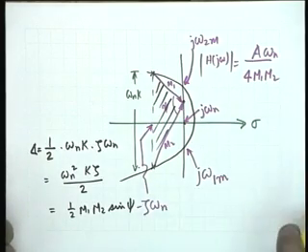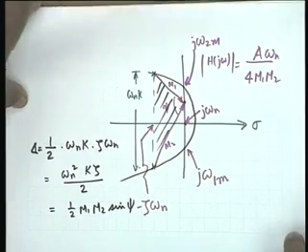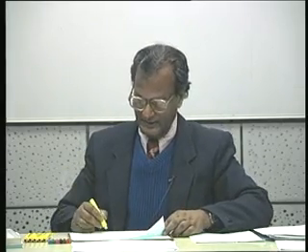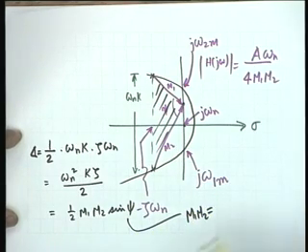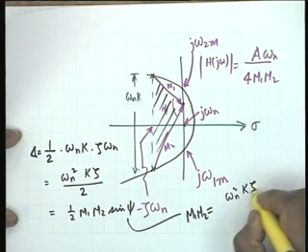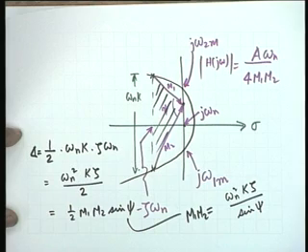This is simple trigonometry, and therefore I get the value of m1 m2 from here. M1 m2 becomes equal to how much? Omega n squared k zeta divided by sine psi. All right.